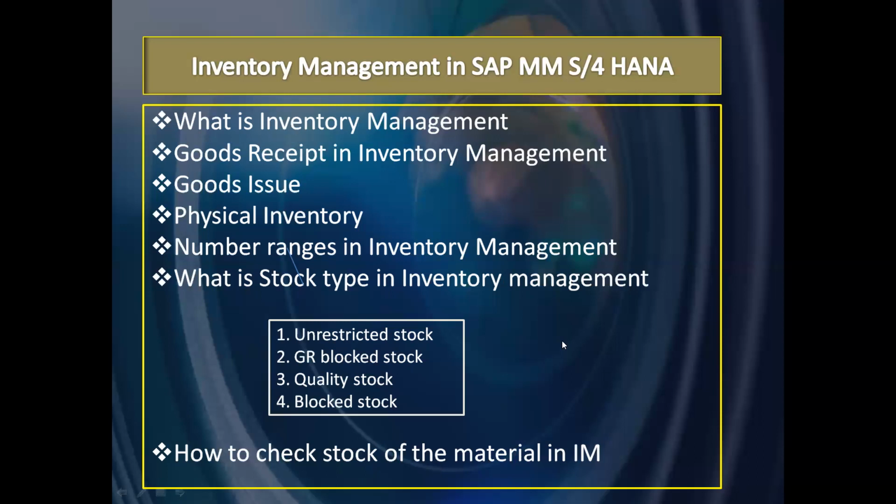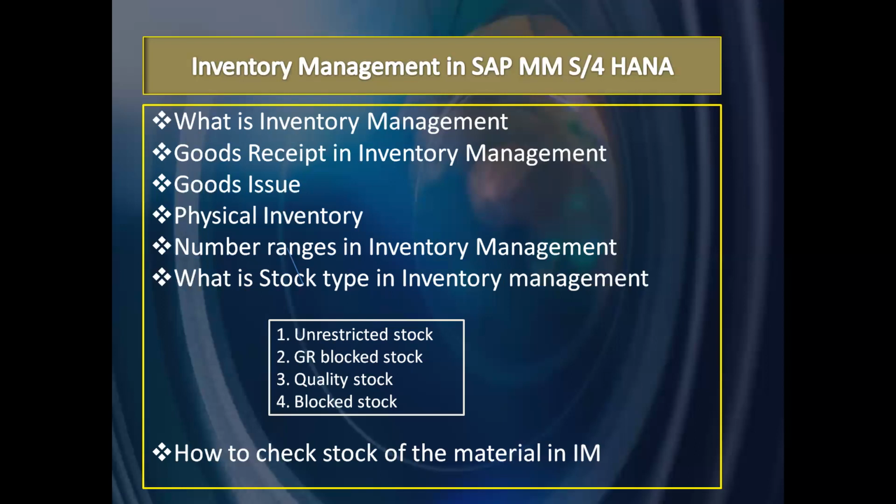Even when we created the material, in the material master discussion, we saw how to check the list of materials. So we are going to check the list of materials, and how much stock of the material we have in the storage location. You can check the list of materials with the help of the transaction code MM60.